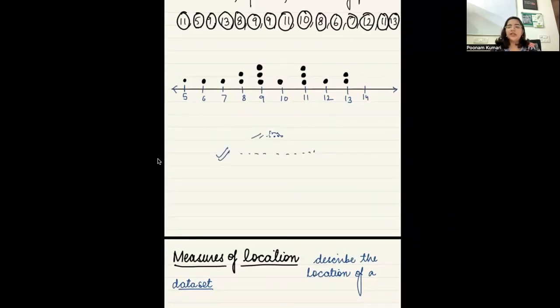Spread means how far away your data is, whether it is very concentrated or very sparsely located. Extremes mean what is the minimum value, what is the maximum value, what are the points at the extreme left and the extreme right. That is what extreme means. Simple English terms.